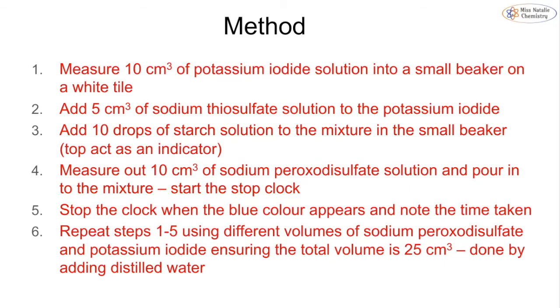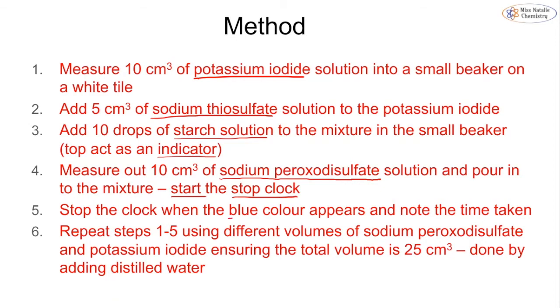So we're going to measure out 10 centimetres cubed of potassium iodide into a small beaker. We then add our sodium thiosulfate, and then we add 10 drops of our starch to act as our indicator. We measure out the 10 centimetres cubed of the sodium peroxodisulfate, and we pour that into the mixture, and then we start our stop clock.